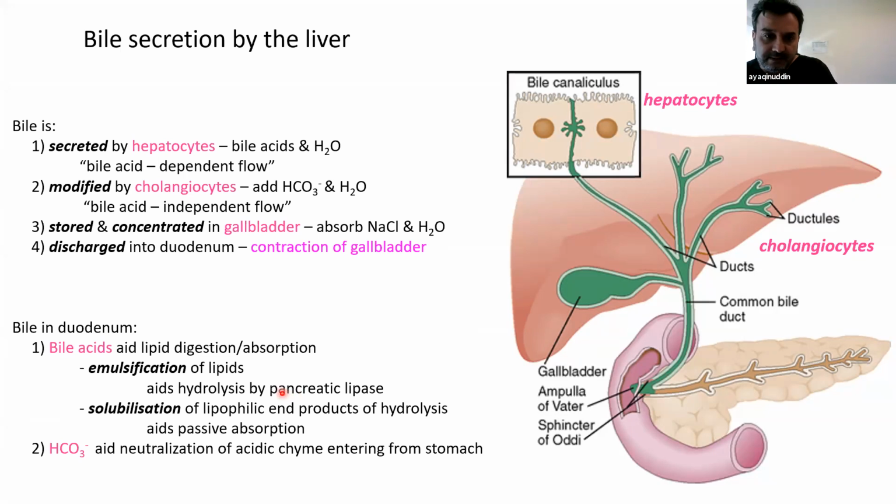We are also going to relate the function of the liver with the liver disease. So bile, as you know, is secreted by the hepatocytes, and normally bile acids and water are secreted by the hepatocyte, and they are modified by the cholangiocytes, which line the hepatic ductules.